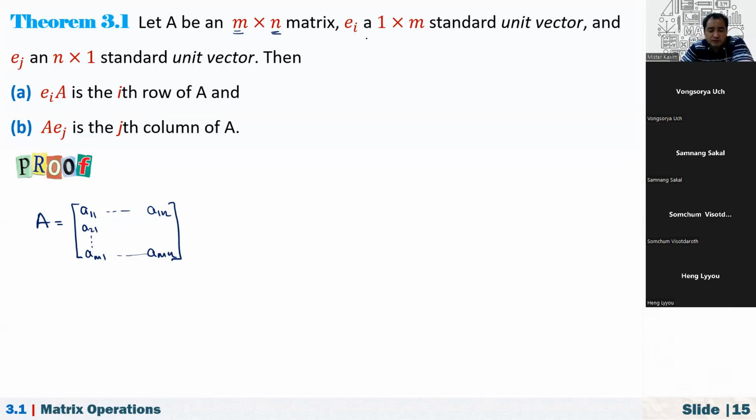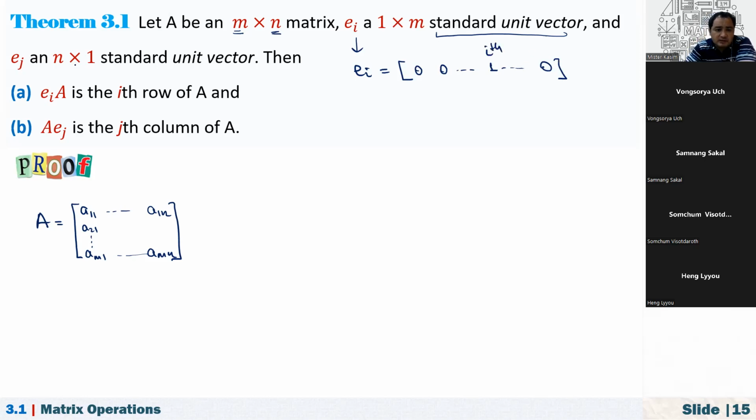Now, I'm also going to label by E sub i a 1 by m matrix. What do we mean by this? This E sub i is a standard unit vector. That means it has m components, and its i-th component is 1: here we have 0, 0, dot, dot, 1, dot, dot, 0. This is in the i-th column.